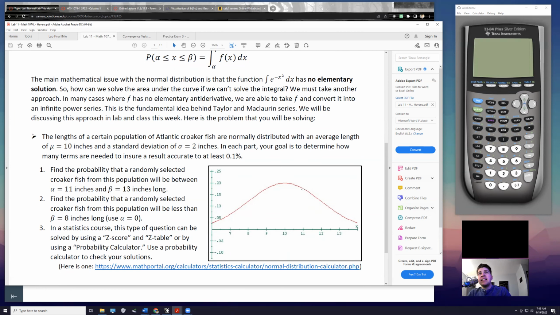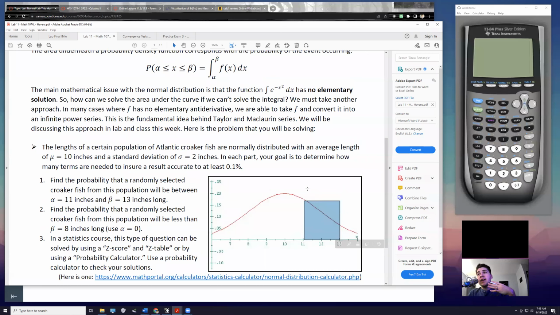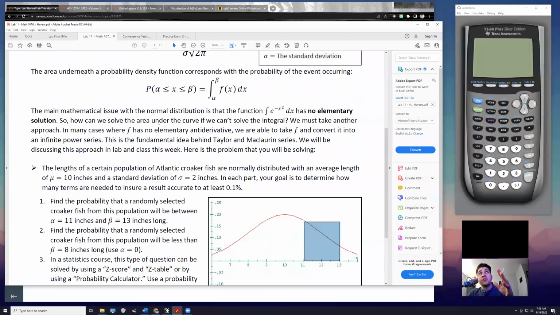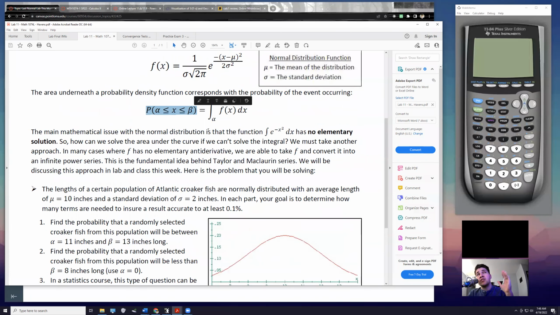The idea is if we want to know the probability that we're going to select a croaker fish between 11 and 13 inches, we need to add up the area under the curve. The point of a probability density function, by definition, is that the probability of a croaker fish of length x being selected between 11 and 13 inches will be equal to the area under the curve.